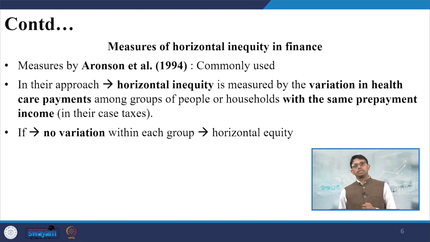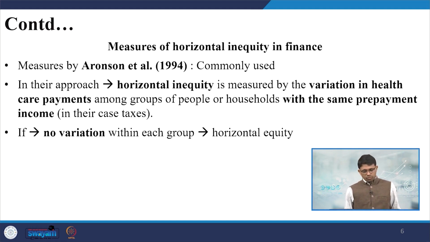In the case of taxes, when taxes are paid, variation in healthcare payments is there, and then healthcare access is again given. Basically we are comparing with their income level, with or without taxes. When people have the same prepayment income or level of income, but the variation in healthcare payments is different, then that creates the possibility of horizontal inequity.